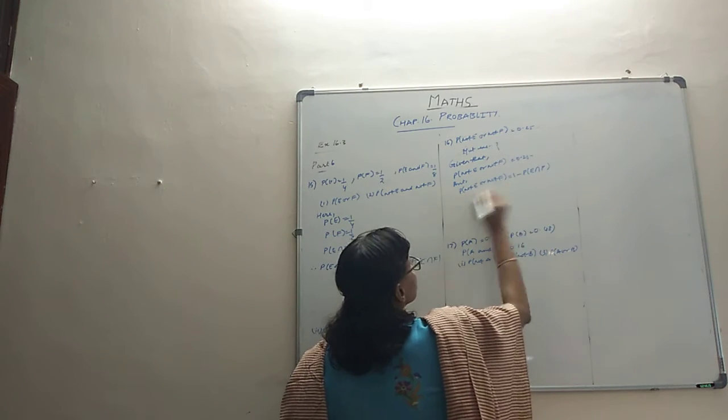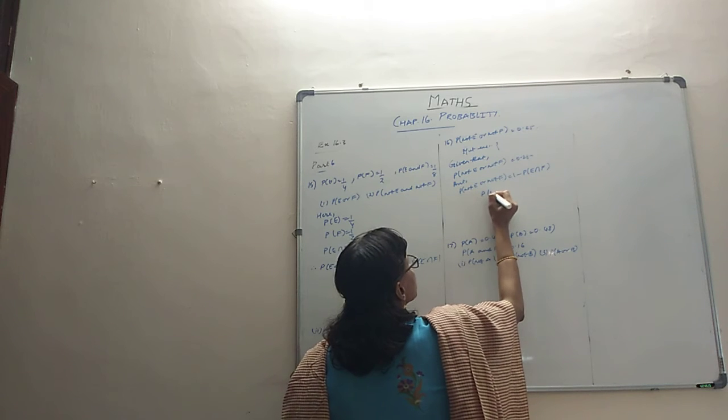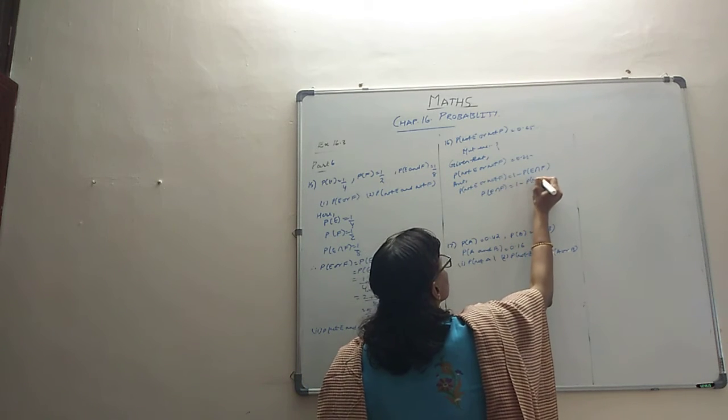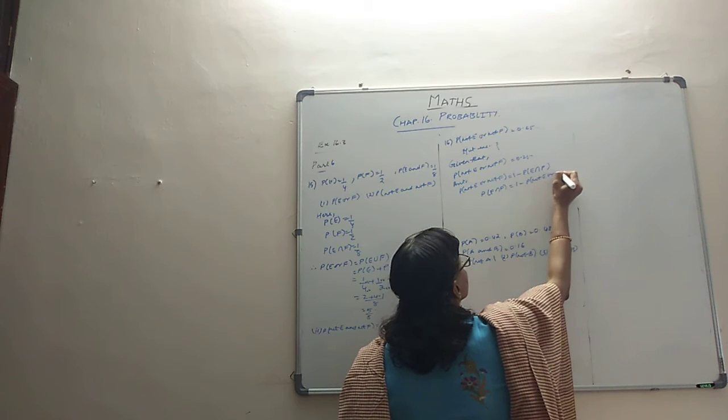So if we shift places, probability of E intersection F will be 1 minus probability of not E or not F.